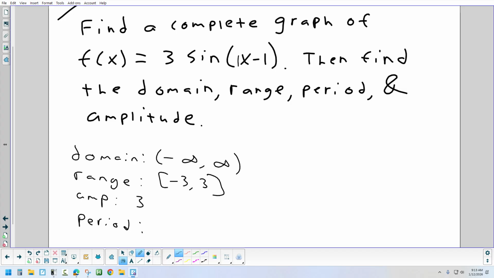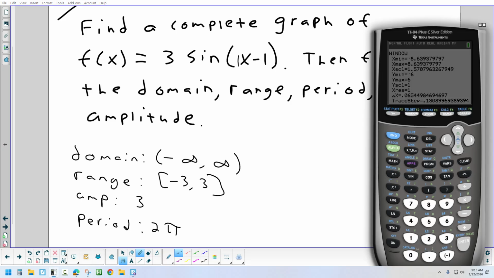2 pi. Okay, so now I want you to graph it this time, but I want you specifically to show me exactly 2 cycles. I don't want more, I don't want less, I want exactly 2 cycles. So let's put that in: 3 sine x minus 1.